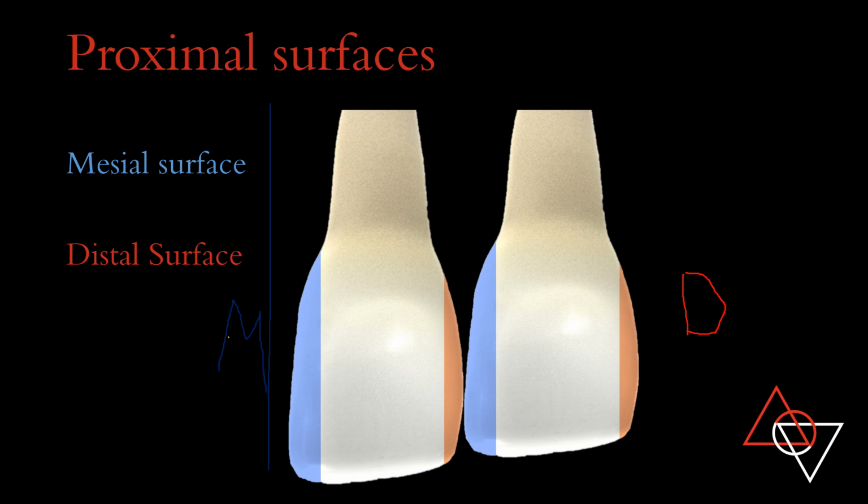And everything which is further away from this line would be the distal, because it's further away from the midline. Each tooth has a mesial and distal side surface, so the distal surface of one tooth automatically becomes the mesial surface of another.